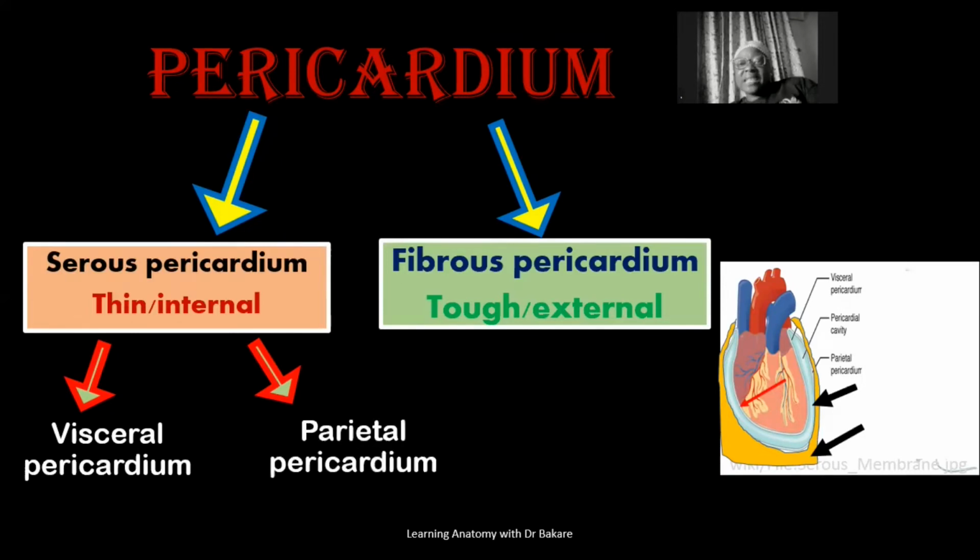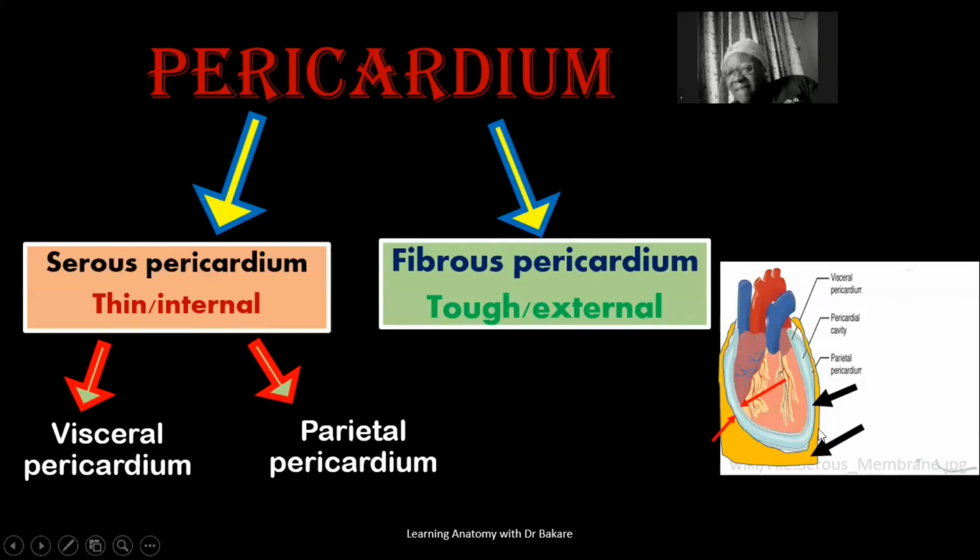Then we have the parietal pericardium, which is the outer layer of the serous pericardium, and this is located external to the visceral pericardium. So you see that the serous pericardium is further subdivided into 2: the visceral pericardium and the parietal pericardium.